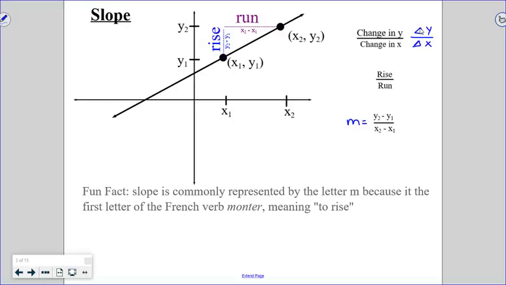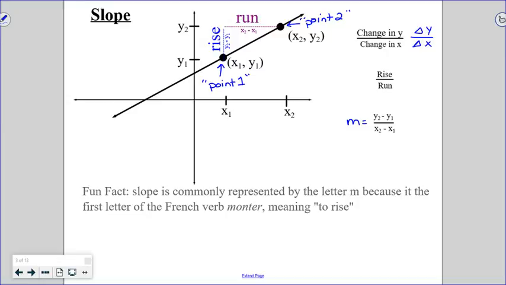Another thing is always this. How am I supposed to know which one is the x2 and which one is the x1 and which one is the first? Guys, that is literally just labeling your points. They are saying this is point, well, let's start here. This is point 1, and this is point 2.